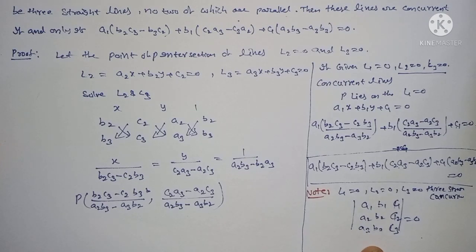You know how to find the mod of a matrix; if you get 0, you can say that the three lines are concurrent. This is also one method of finding it.